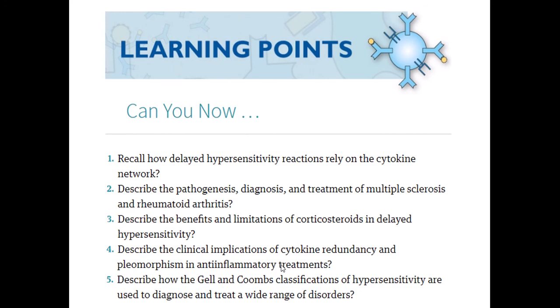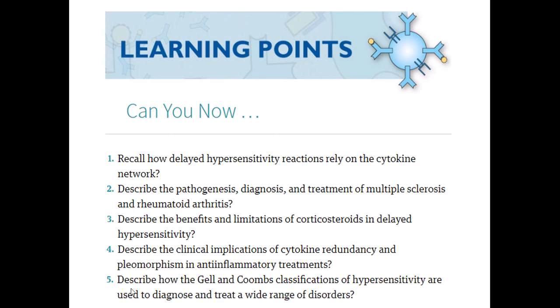We'll see how sometimes we could use types of antibodies to suppress the immune system. We will see how these are applied in immunology.